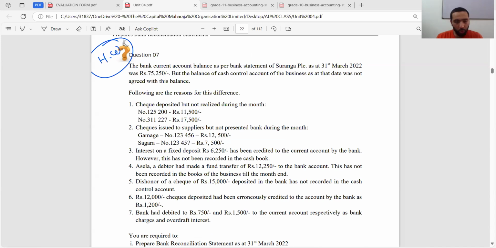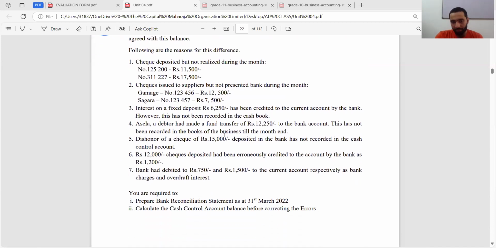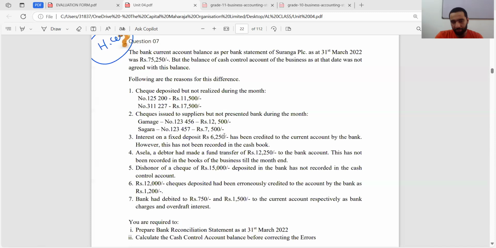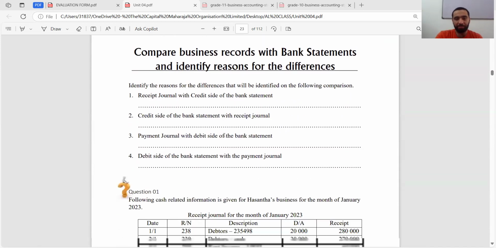It's a bit of a confusing question, so make sure you just disregard question number 7. It has not been worded well, and during this A-level paper, the examiner had also given full marks to the students, even though the students had not attempted. Okay, right? So let's move on to the next one.